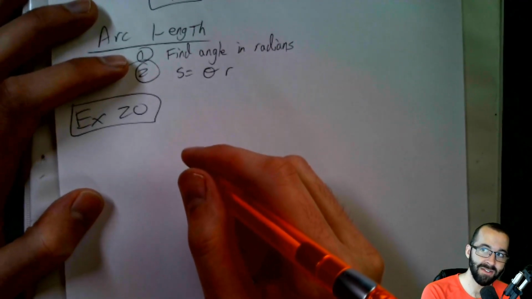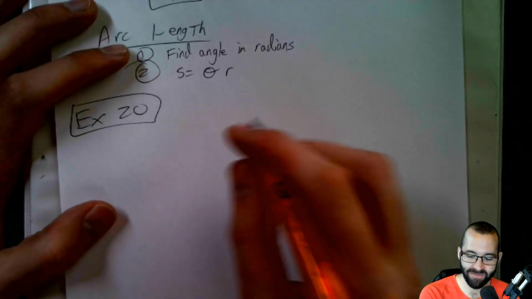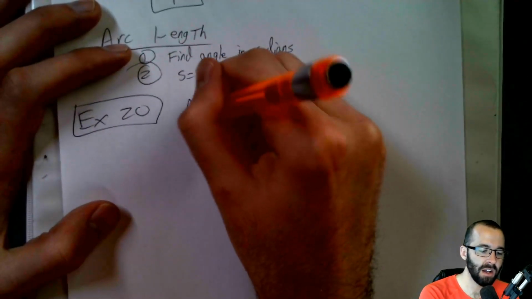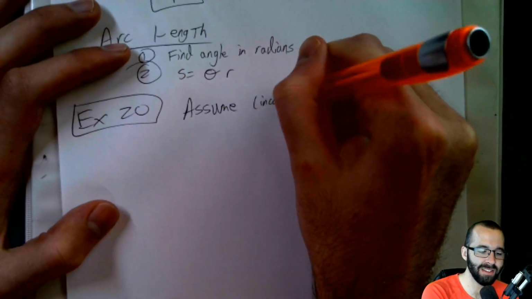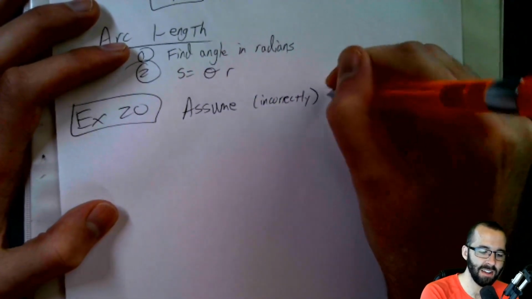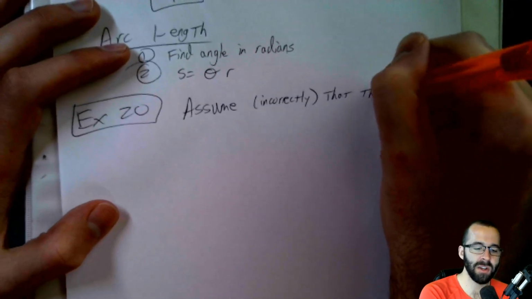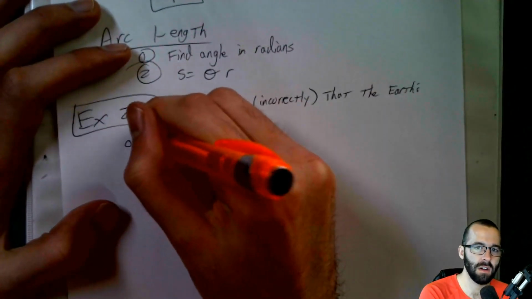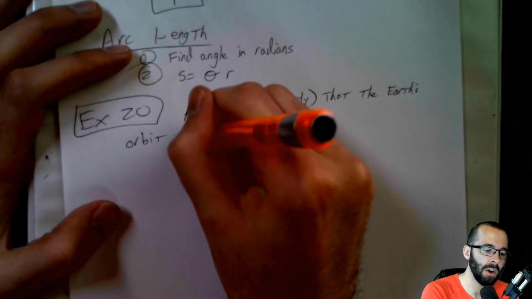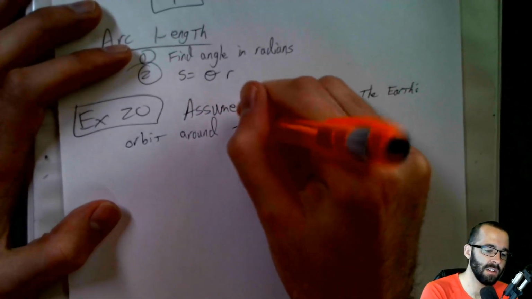So get your pens ready. This is going to be a fair amount of writing. So assume, and this is an incorrect assumption, but let's assume it anyway, that the Earth's orbit around the sun is circular.